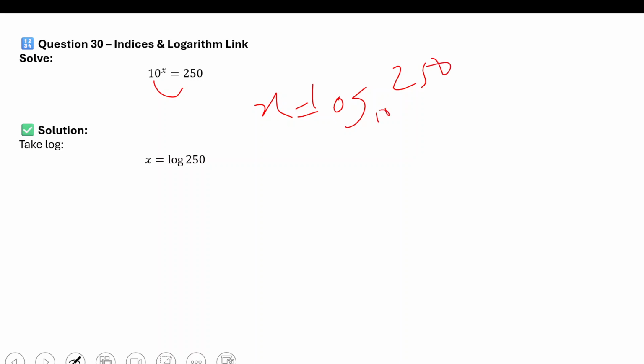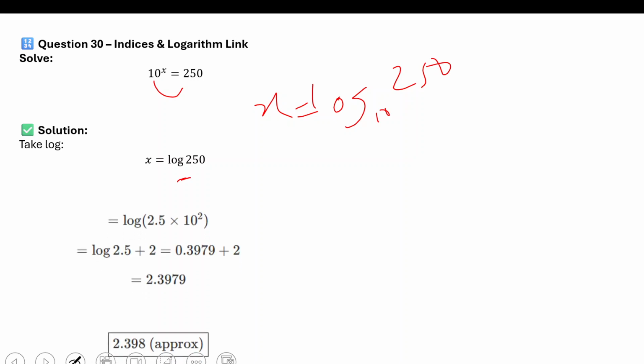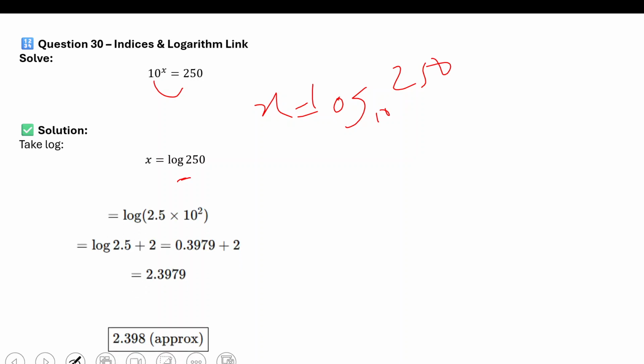I told you that if we don't have anything written here, it means it's in base 10. So I'm going to be getting the log of 250. There are many ways we can do this, and this is a very exciting way. First of all, 250 expressed in standard form is 2.5 times 10 to the power 2.